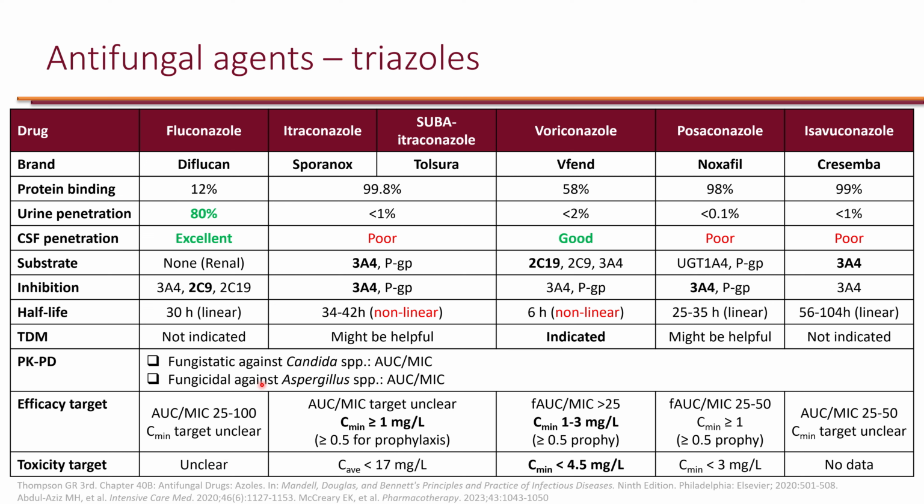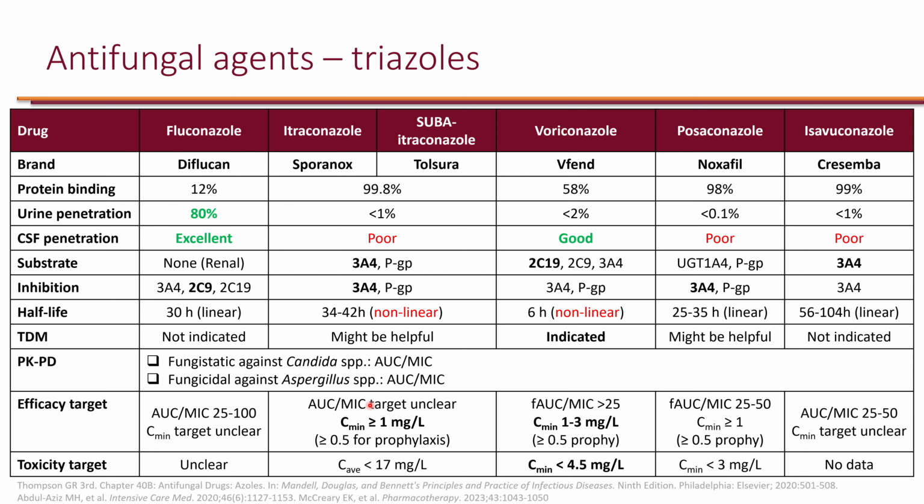For itraconazole, which has non-linear pharmacokinetic properties, therapeutic drug monitoring might be helpful in certain situations, for example, in transplant patients. Especially with Sporanox, which is not as well absorbed and has a lot of variability between patients, therapeutic drug monitoring might be indicated.